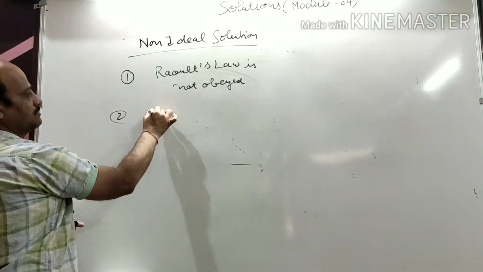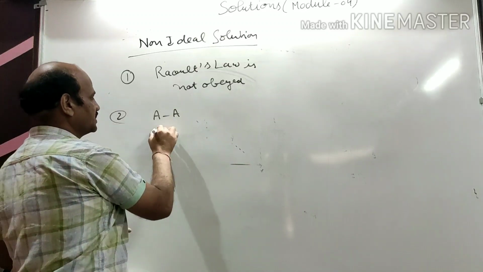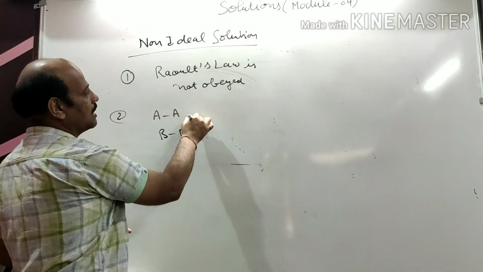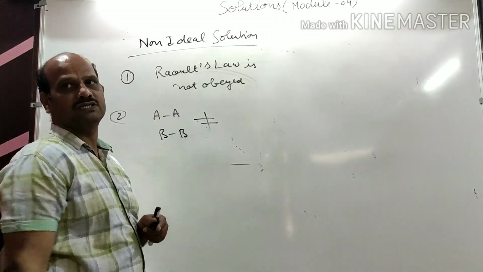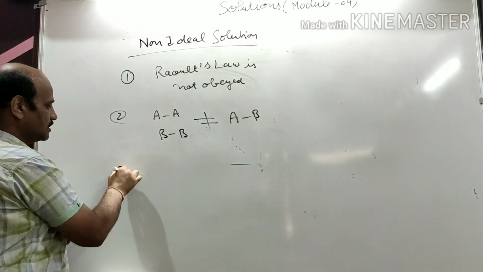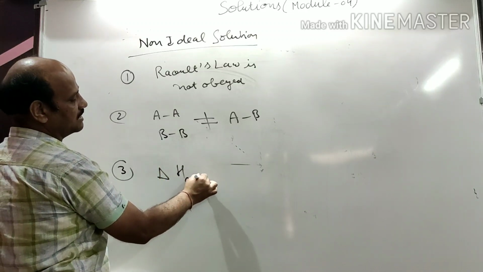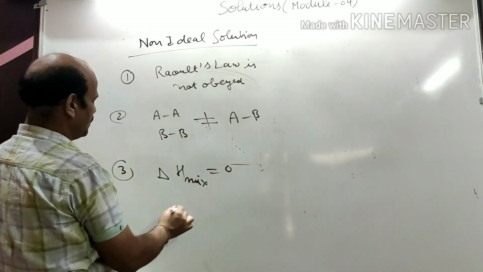Second, interaction between solvent and solvent, and between solute and solute, are not equal to the interaction between solute and solvent. Third condition, delta H mixing can't be zero here.